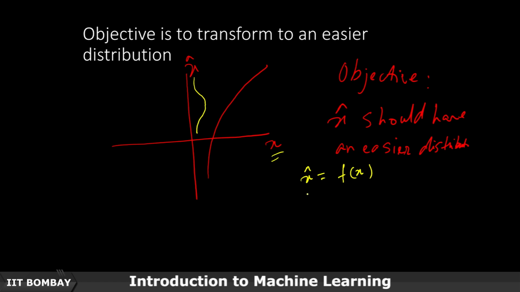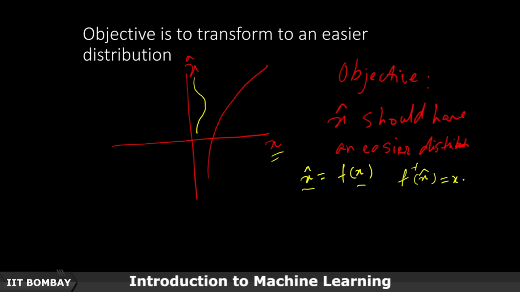We assume that x and x hat have a monotonic relationship, which means that now we can invert it. We will call this f inverse of x hat, that is equal to x. So we will assume that there is an f inverse function that can take the x hat value and bring it back to x.